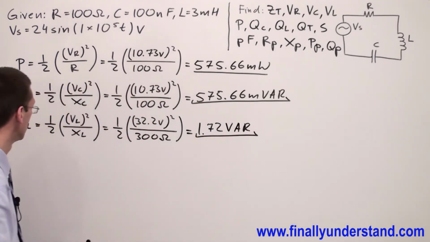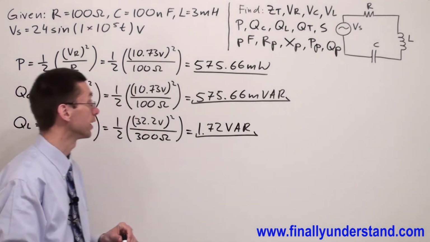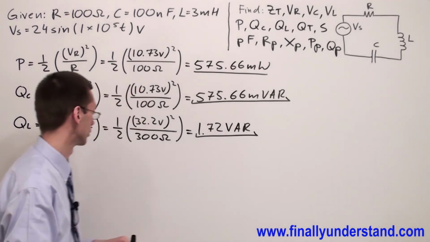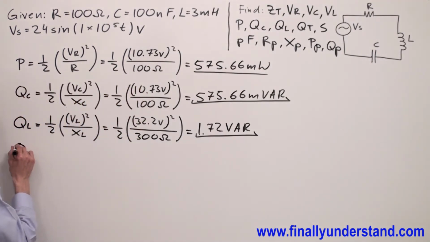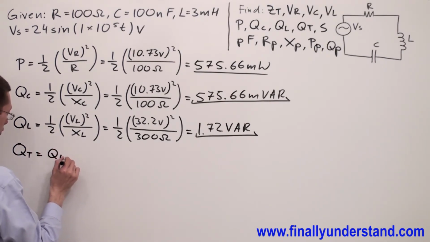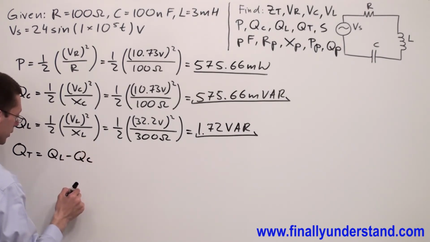Okay, so this is the reactive power at the inductor. Next, we're supposed to find the total reactive power. So the formula says Q total is equal to QL minus QC.